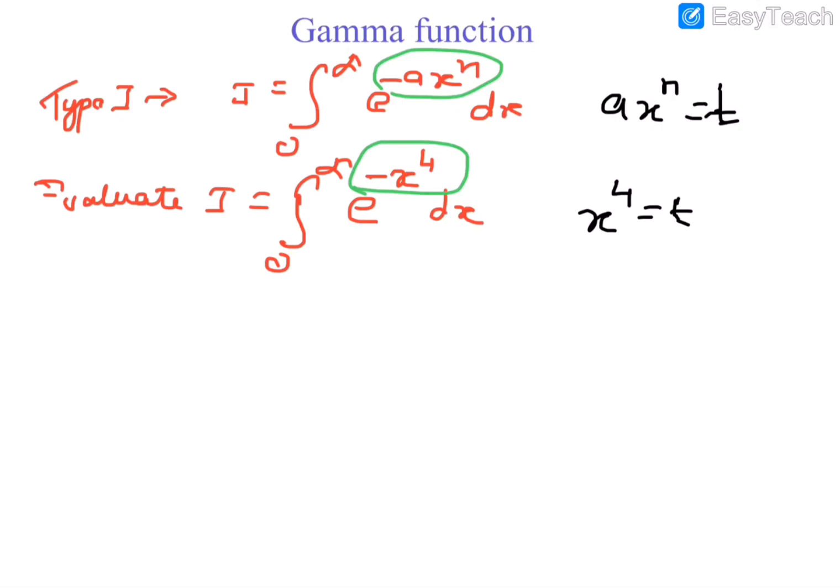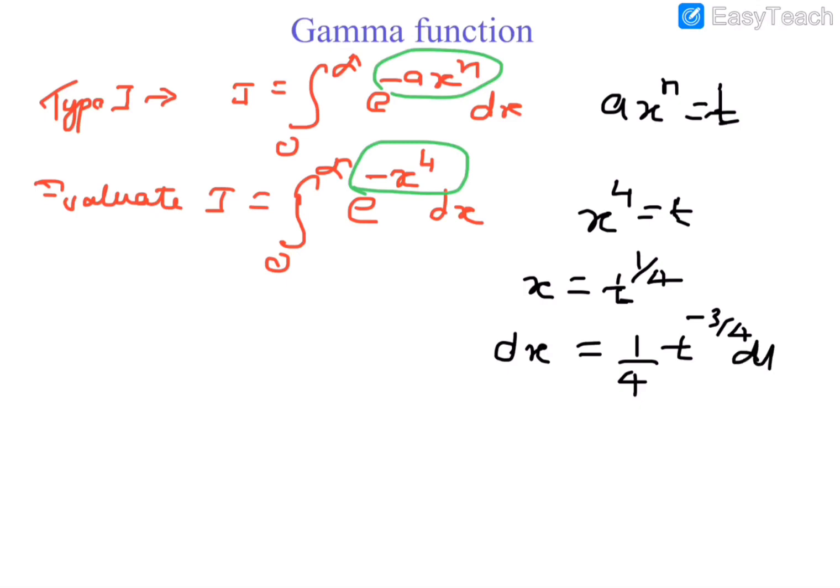Now if we take this as t, what was x? You can write x is equal to t raised to the power 1 by 4. Further, we need to find dx. dx is equal to 1 by 4 t to the power minus 3 by 4 dt. Why is it so?